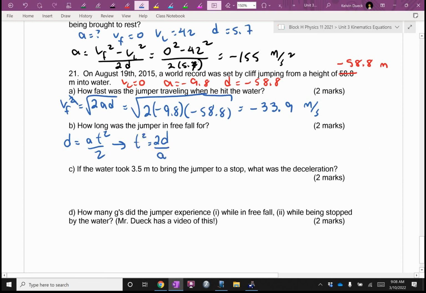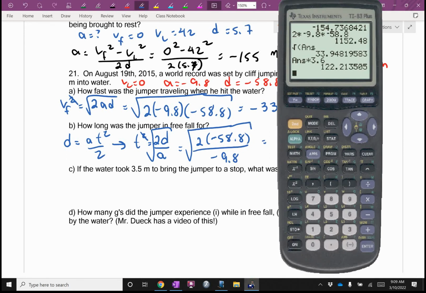How to get rid of a squared? Square root. It's going to be the square root of 2 times negative 58.8 divided by negative 9.8. 2 times negative 58.8 divided by negative 9.8. Square root of 12. 3.46.